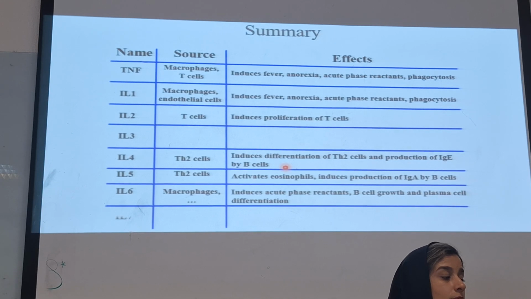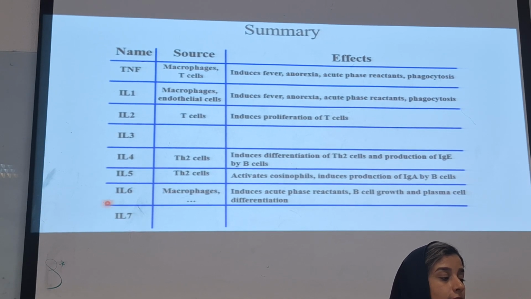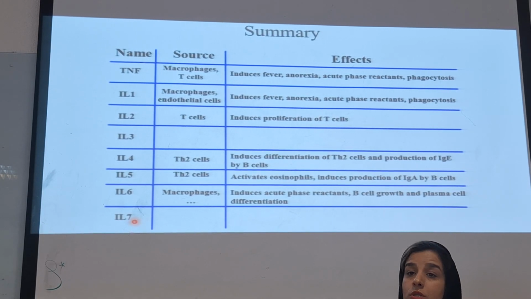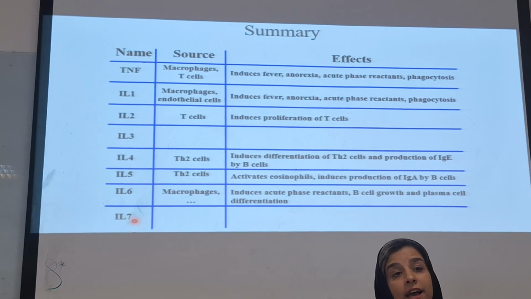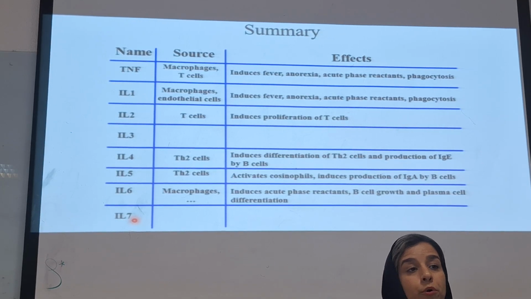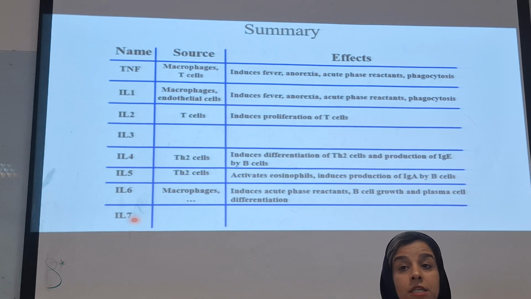And what about interleukin 3 and interleukin 7? Most of them are hematopoietic factors, okay, very important for producing immune cells in the bone marrow.